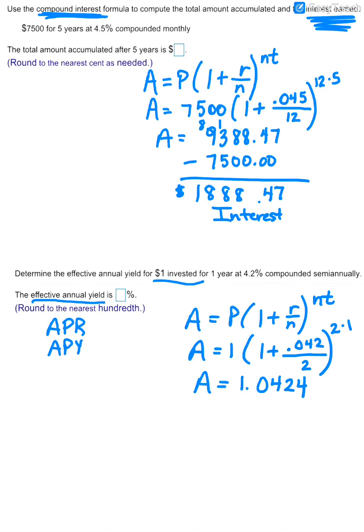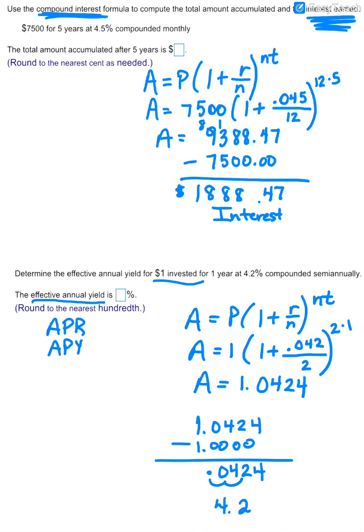So if you think about that, you started with $1, and now you basically have $1.04, but I'm going to go ahead and subtract it with several decimals. And so that is your growth, basically 4 cents. So as a percentage, if we go 2 to the right, then that's the same as my effective annual yield, which was 4.24%.